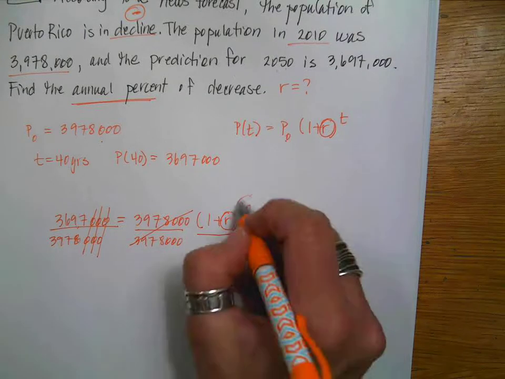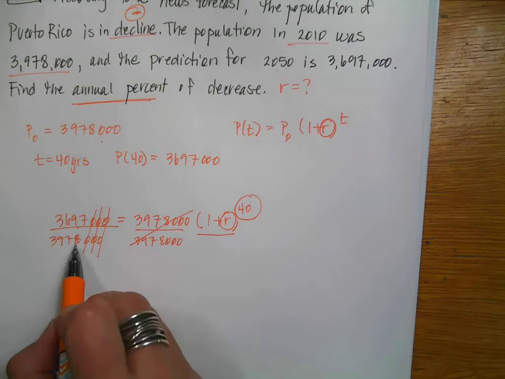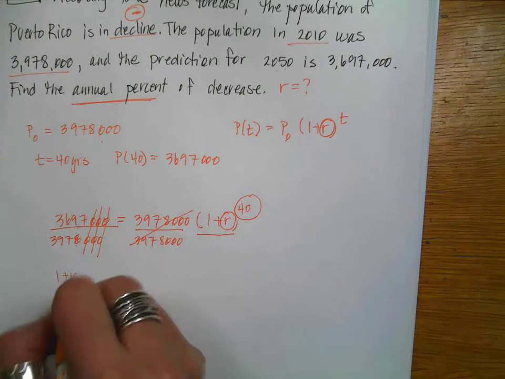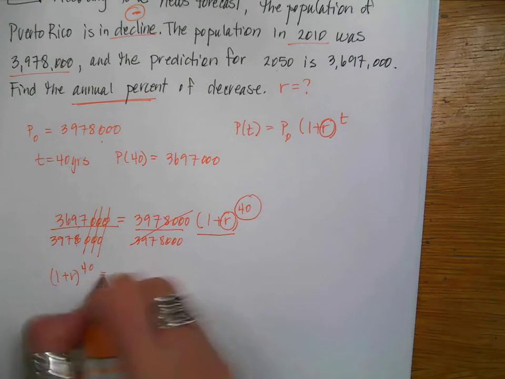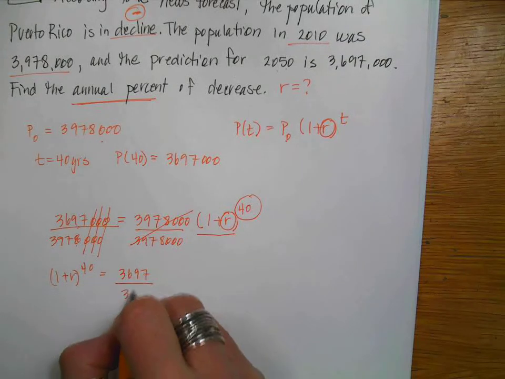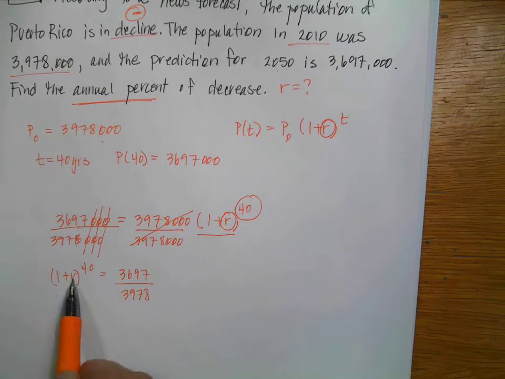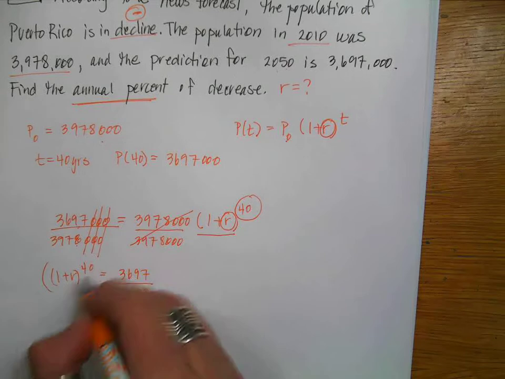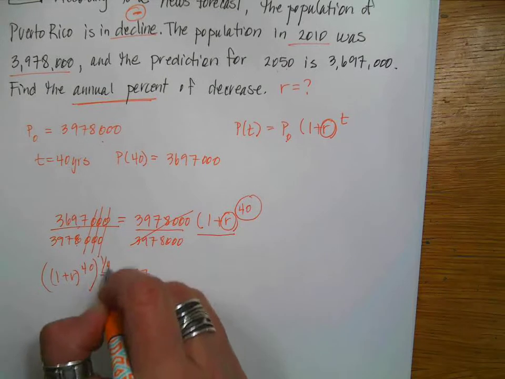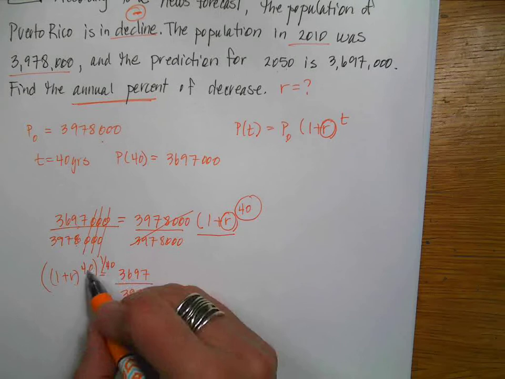Because we are raising numbers to an exponent, I will tell you not to push buttons yet. So I'm going to write 1 plus r to the 40 is equal to 3697 over 3978. The goal is to solve for r, so since this whole thing is raised to a power, I have to raise both sides to the reciprocal, or the opposite.